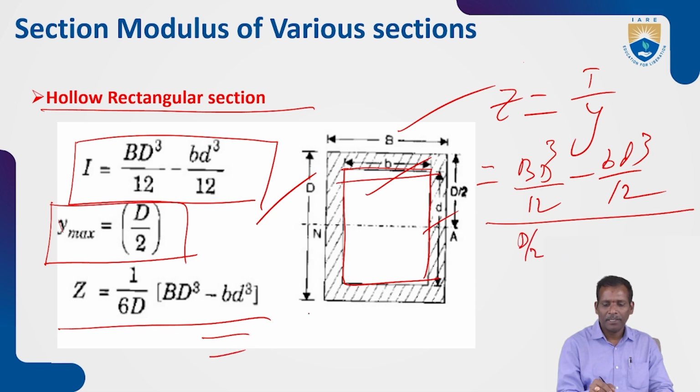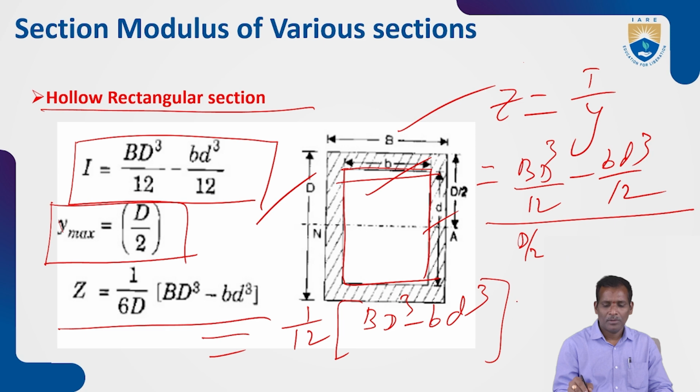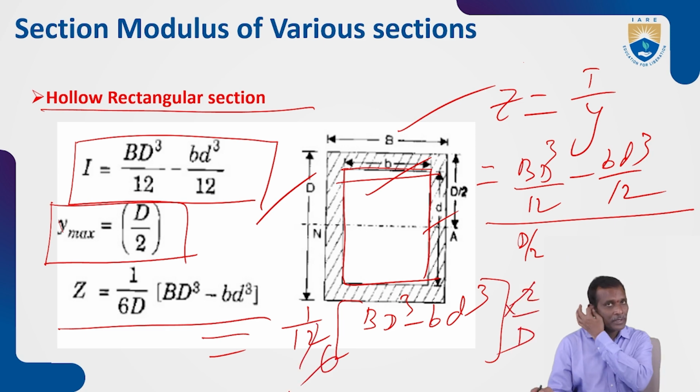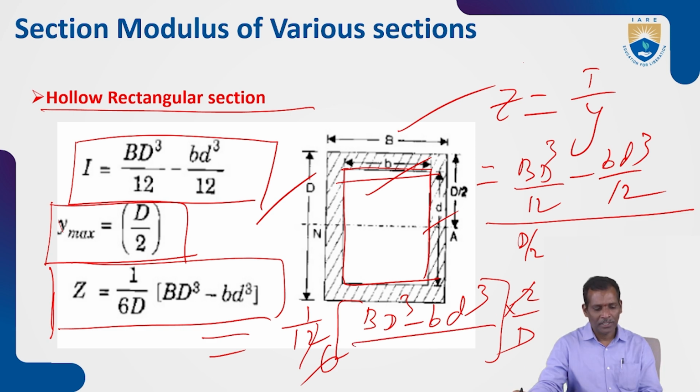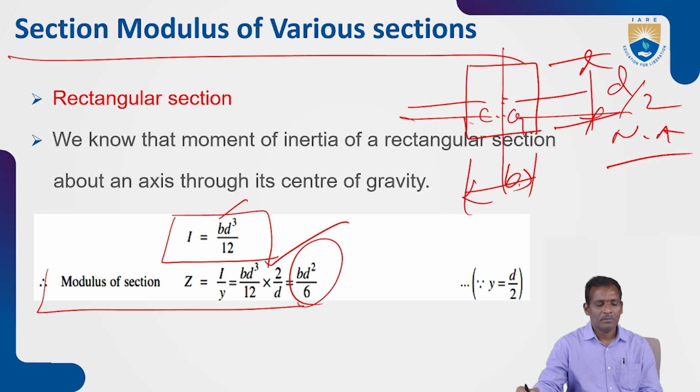Taking 1 by 12 common, capital BD cubed minus small bd cubed, into 2 by D. So the final equation is Z equal to 1 by 6D into (BD cubed minus bd cubed) for the hollow section, and for the rectangular section, BD square by 6.